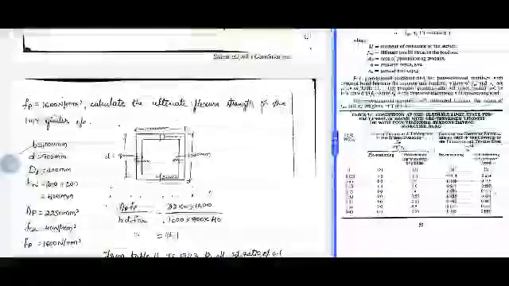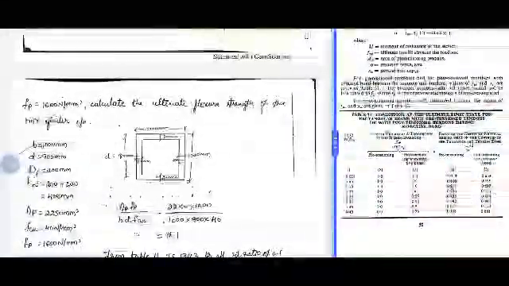So here you can observe in the diagram, overall dimension of the box girder is 1 meter by 1 meter and thickness of the wall is 200 mm all round. Effective depth is 900 mm from the top.